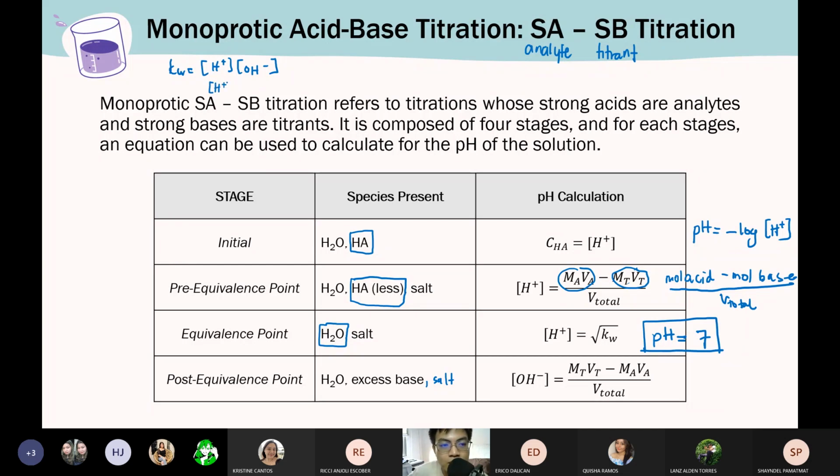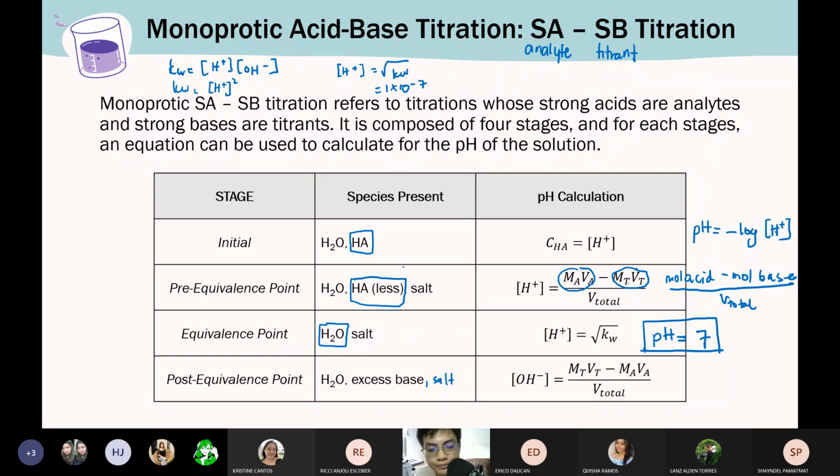So, magiging H plus squared equals KW. So, meaning the amount of acid in an equivalence point is just the square root of KW, or 1 times 10 raised to negative 7. So get the negative log, that will give you pH equal to 7. So ganun. At equivalence point, pag tinanong kayo ano yung pH, ang sagot ay matic 7 without any calculation. Okay, 7 agad sagot dyan.